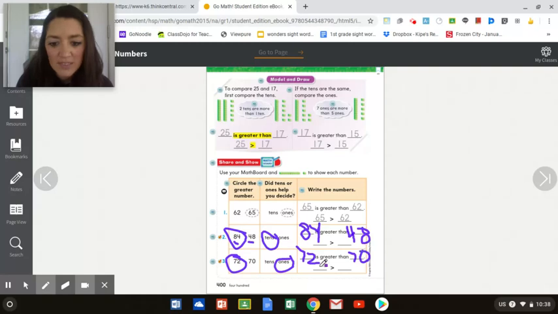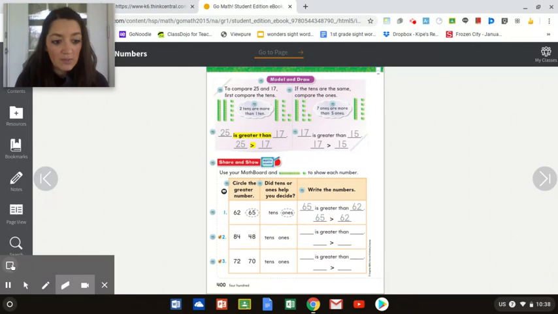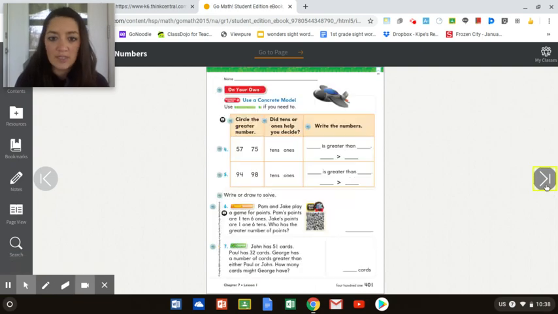And then down here, you would write 72 is greater than 70. The arrow is going to open up towards the 72 because the 72 is bigger, is greater. I know that was kind of fast, but again, you can pause and complete your work and then rewatch it. Hit play. Okay, on to the next page.